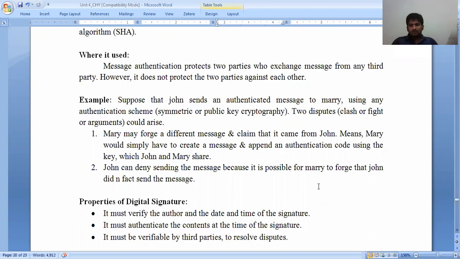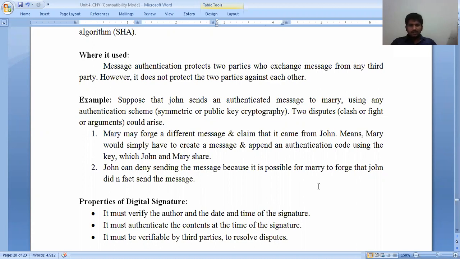If the message is modified by a third party, that may lead to a quarrel between the two parties. Each time the receiver argues, you only sent this, this is your code, this is your secret key.